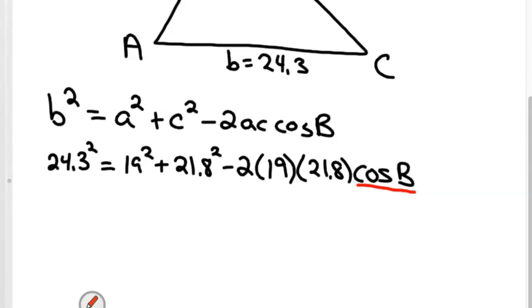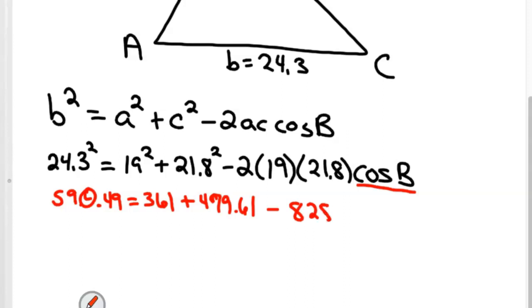I'm not going to plug this into Desmos just yet, but 24.3 squared is 590.49. 19 squared is 361. 21.8 squared is 479.61. Minus 2 times 19 times 21.8 is 828.4, and then it's times cosine of B.